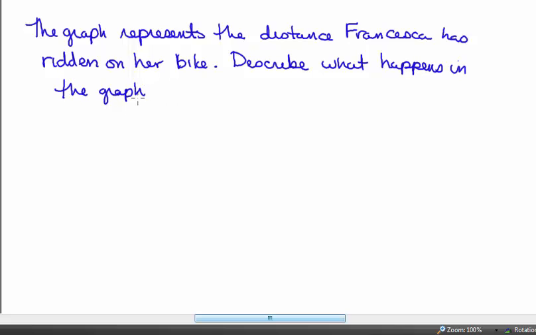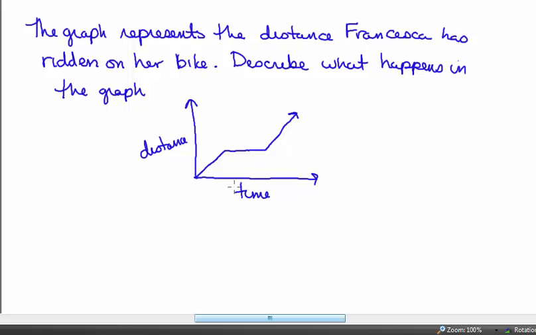All right, I'm going to do my very best to draw this graph. So here I have time, and here I have distance, and we go up, and then we're flat, and then we go up. And so now we're going to describe what's happening in the graph. Okay, first, she's riding her bike, and her distance is increasing.